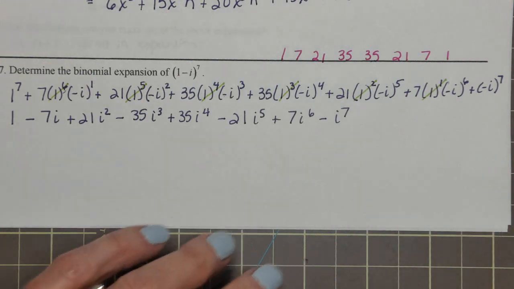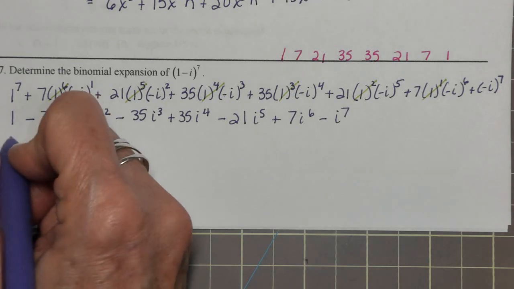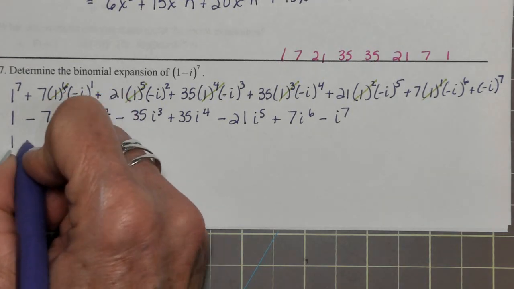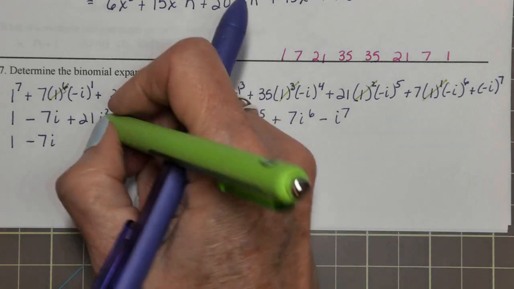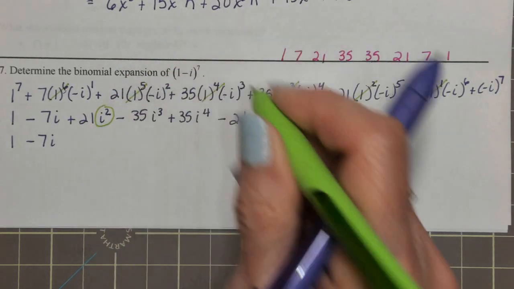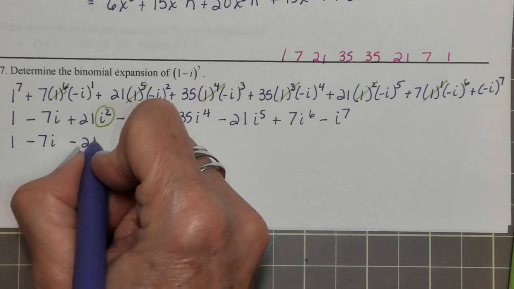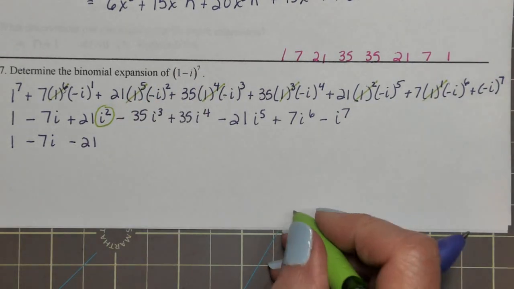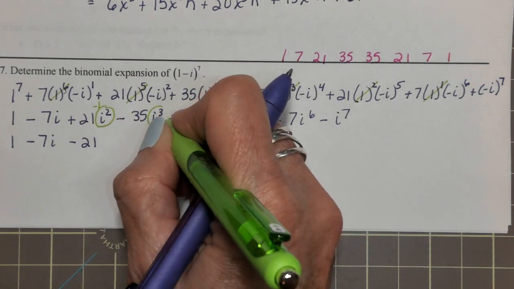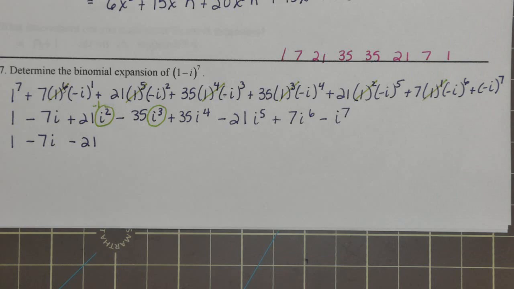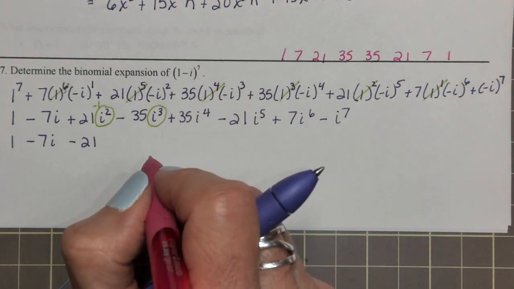Okay, let's evaluate these i's now. So our 1 is still 1. i is still i, can't get rid of that. But i squared is negative 1, right? So this will be a negative 21. What is i cubed? Do you remember the way Miss Houston taught it? She's the one who taught me this.